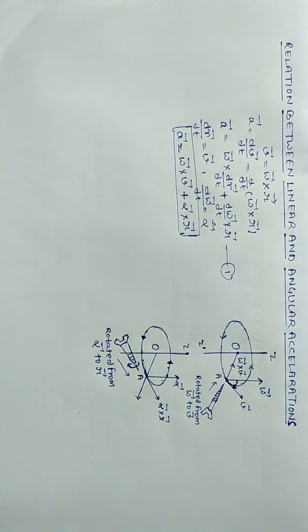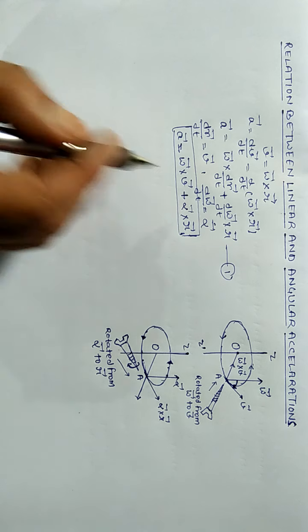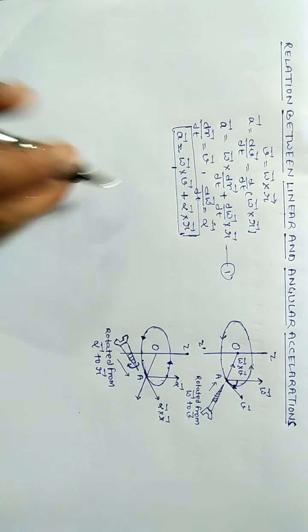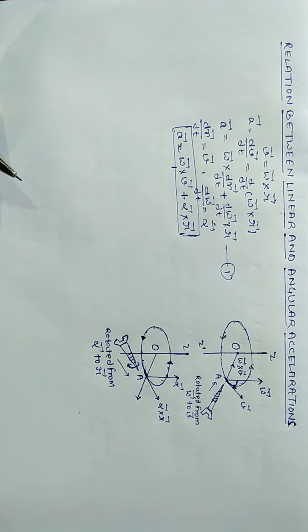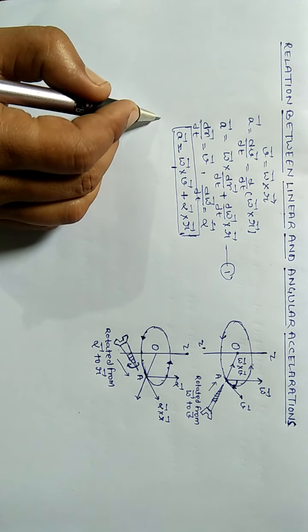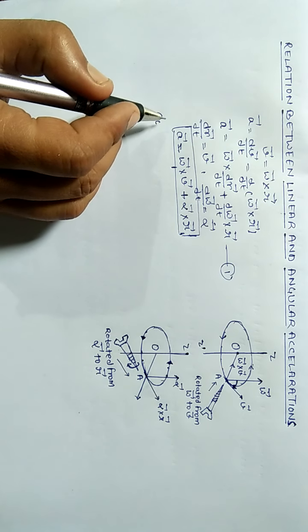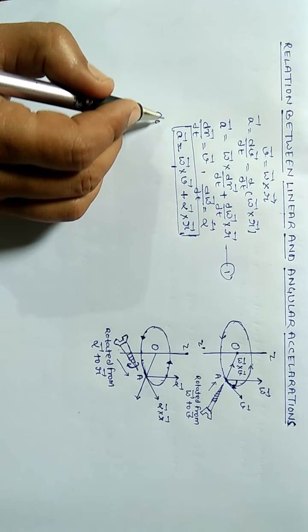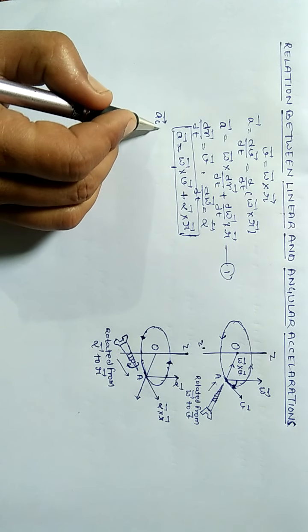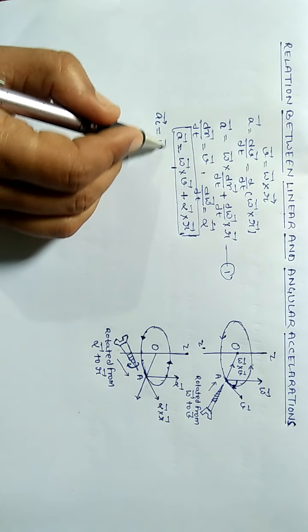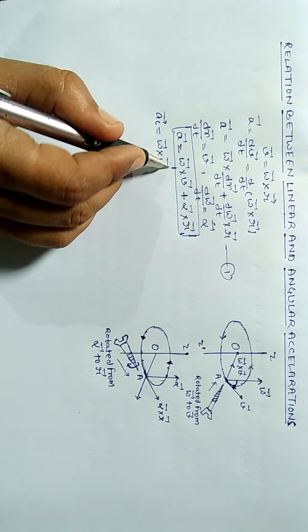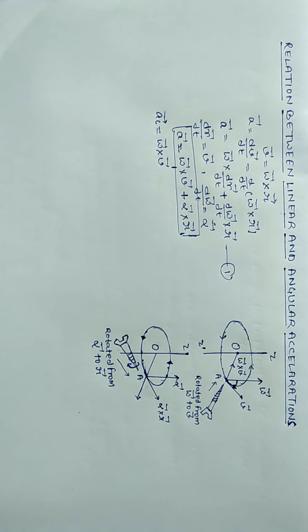It is called the radial component of the total acceleration and is denoted by ac. It is also known as centripetal acceleration. ac is equal to omega cross v.